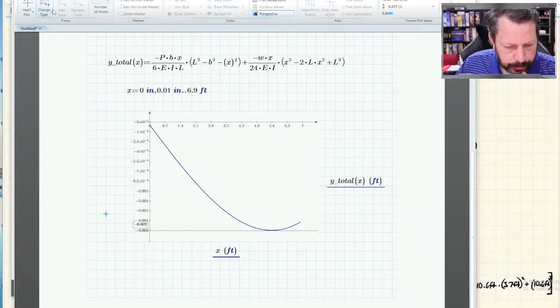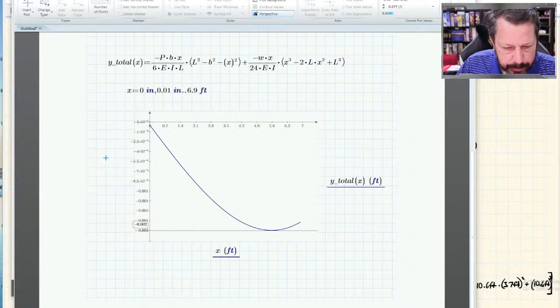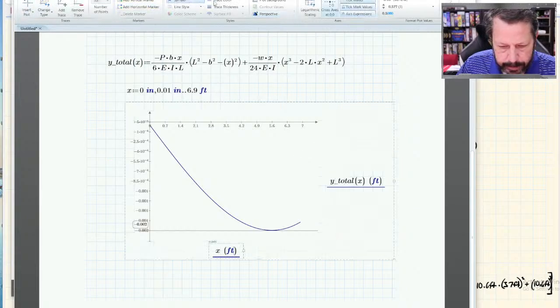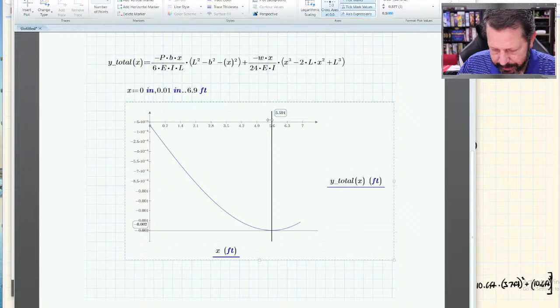But I need a vertical window. I could get this guy to equal 0. Where's my plots? Add vertical marker. And then we'll see where, somewhere in that range.